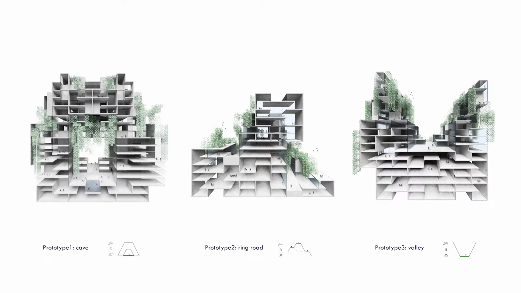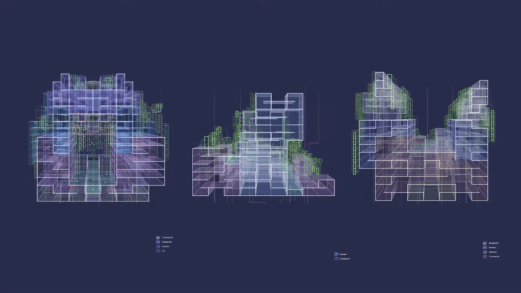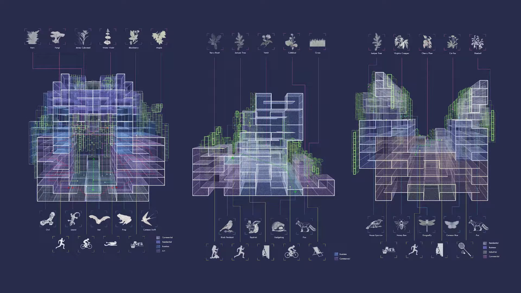Cave, Ring Road, and Valley are three cluster prototypes based on the relationship between running path and building. The microclimates of prototypes vary from one to another, thus resulting in the suitability of different environmental ecologies and outdoor activities.